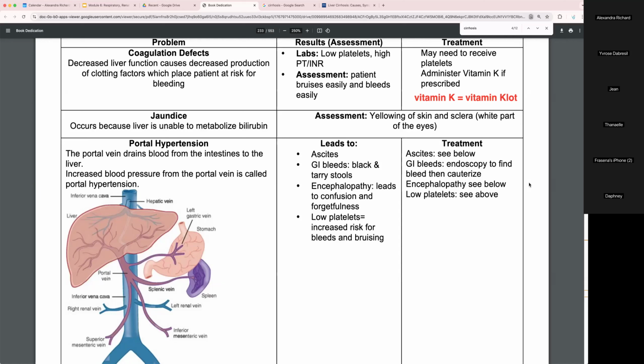But let's say the person has liver damage because of acute Tylenol overdose. If we stop the Tylenol and give the antidote, which is acetylcysteine, that can help reduce the jaundice.